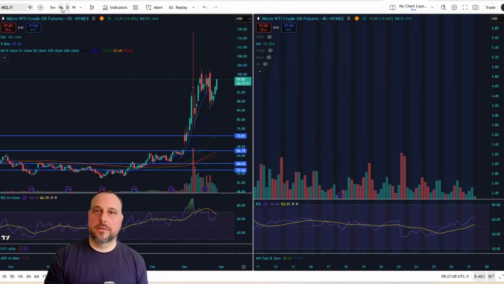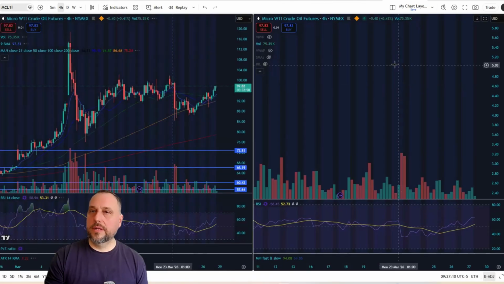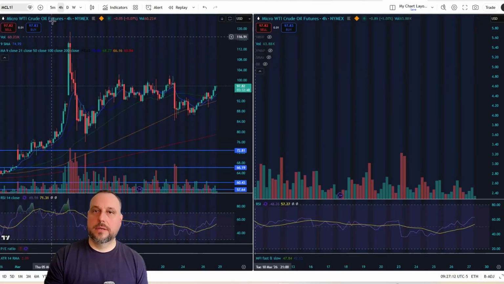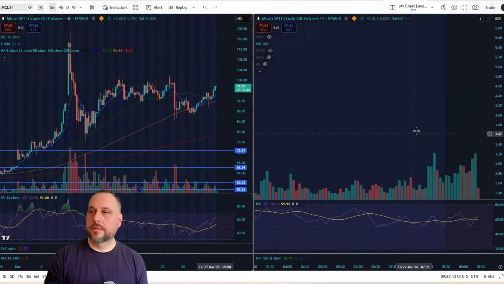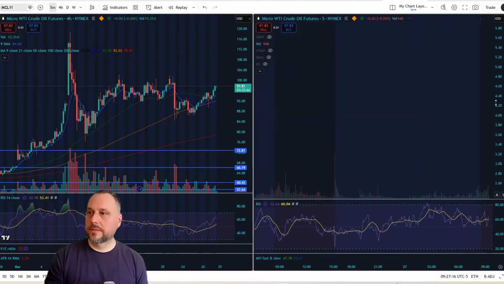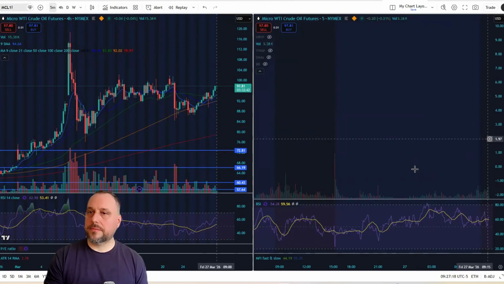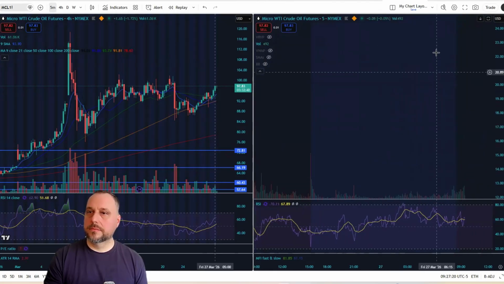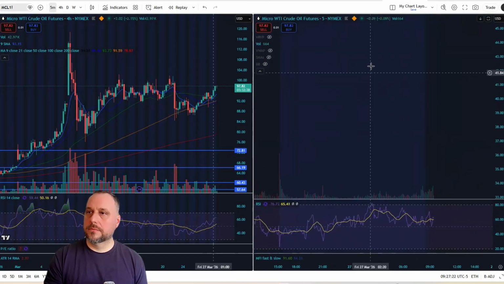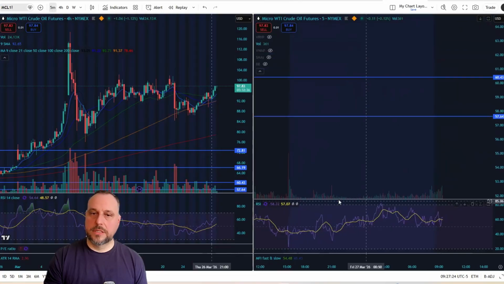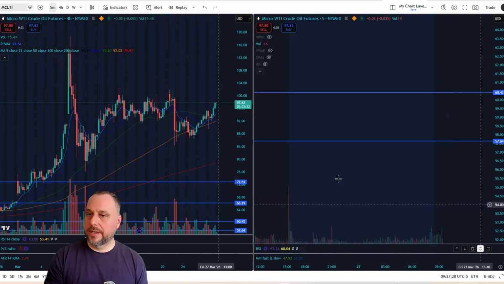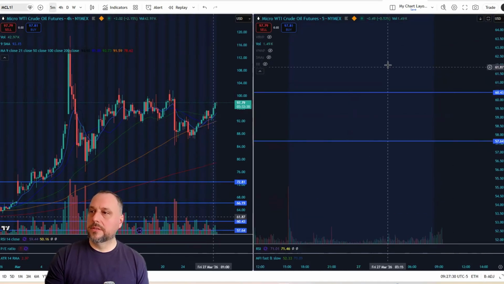So let's go 4 hour, and I think this one already is. No, there we go. 5 minute chart. Looks like I've got RSI on here. I'm even going to get rid of that for now, just to keep things simple.